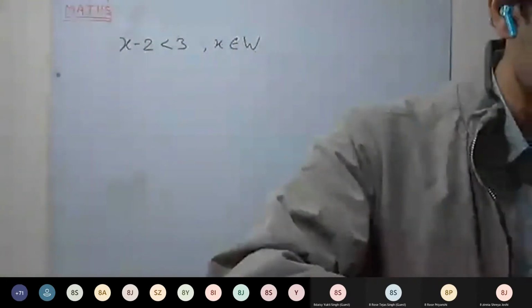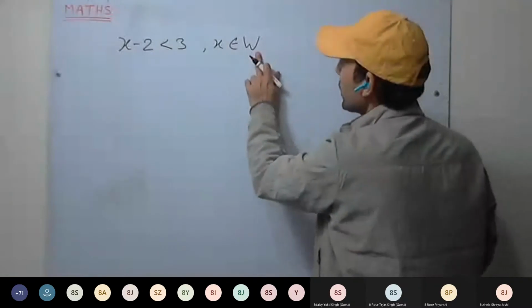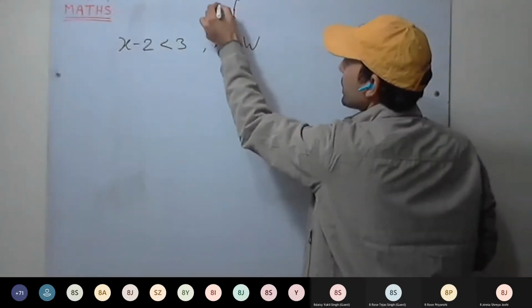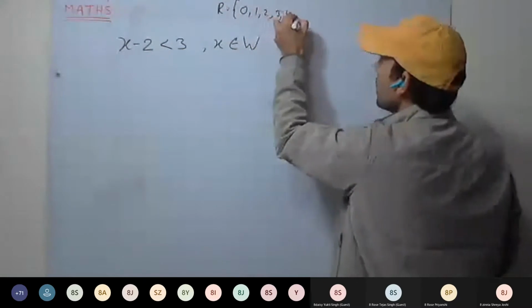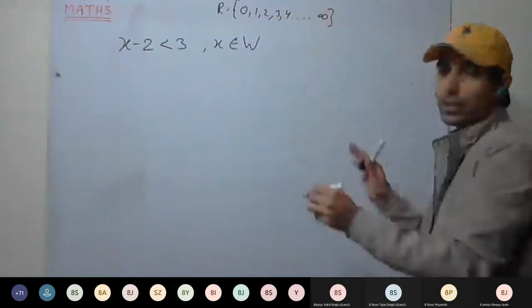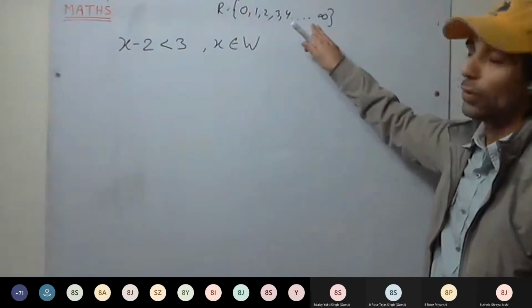This is the belongs-to sign. So what all values can x take? Replacement set will be what? 0, 1, 2, 3, 4 up to infinity. This is our replacement set, whole numbers. So x can take values from this.